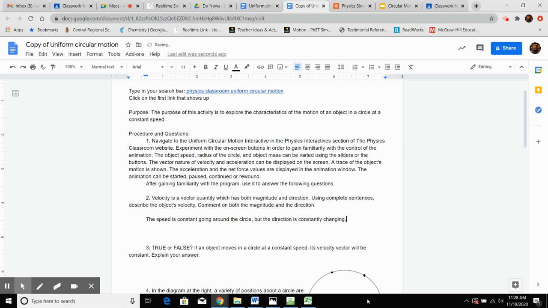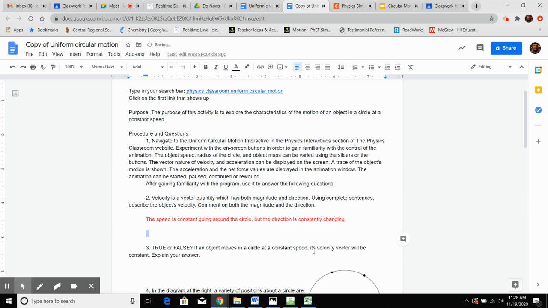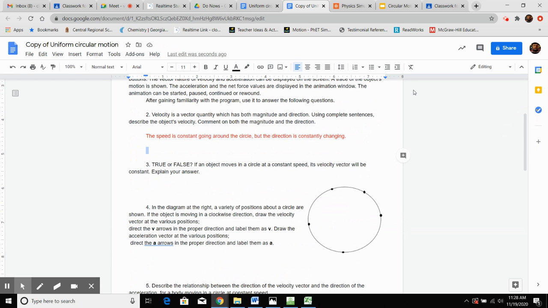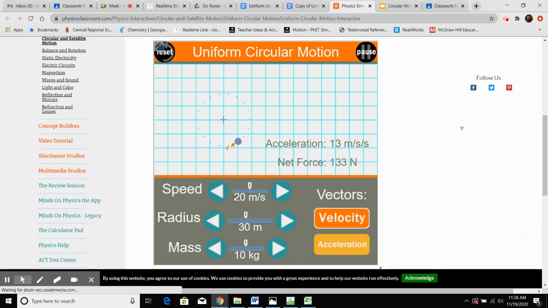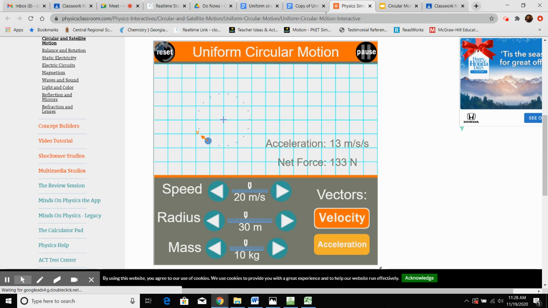And once you guys write something along those lines, you highlight it and turn it red. So the speed is constant going around the circle, but the direction is constantly changing, as you can see from the simulation itself. Speed is the same, but the velocity vector is constantly changing. Why is it constantly changing? Because we're constantly changing direction here.